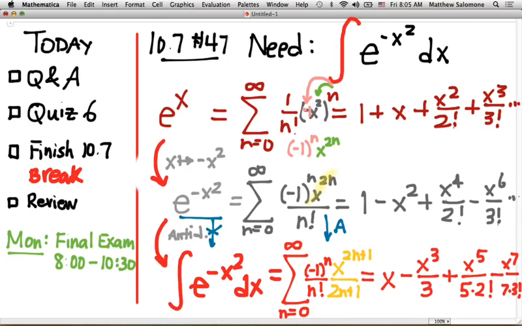So finding a power series for this antiderivative is the only recourse that we have if we want to understand what the values of the antiderivative of e to the minus x squared are. And if you take a course in probability and statistics where you have to compute normal probabilities of a normal distribution, because there's no analytical formula for them, you end up using these tables of data, z-score tables, that tell you the values of this function, this power series in other words, for various values of x.